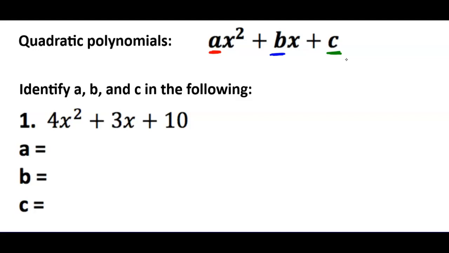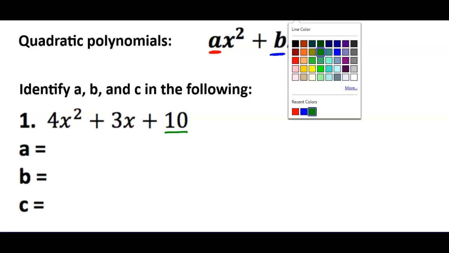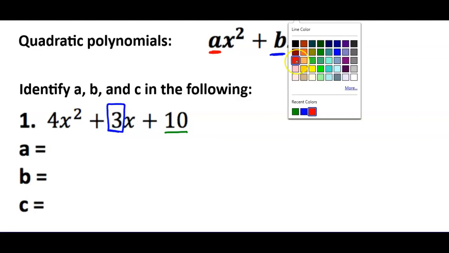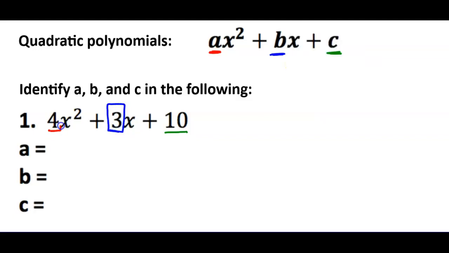So when we are identifying our A, B, and C, that's all we're doing. We're just writing down what's my A, what's my B, what's my C. My C is my number without a variable. My B is the number that is multiplied by my x term. My A is the number multiplied by my x squared term.